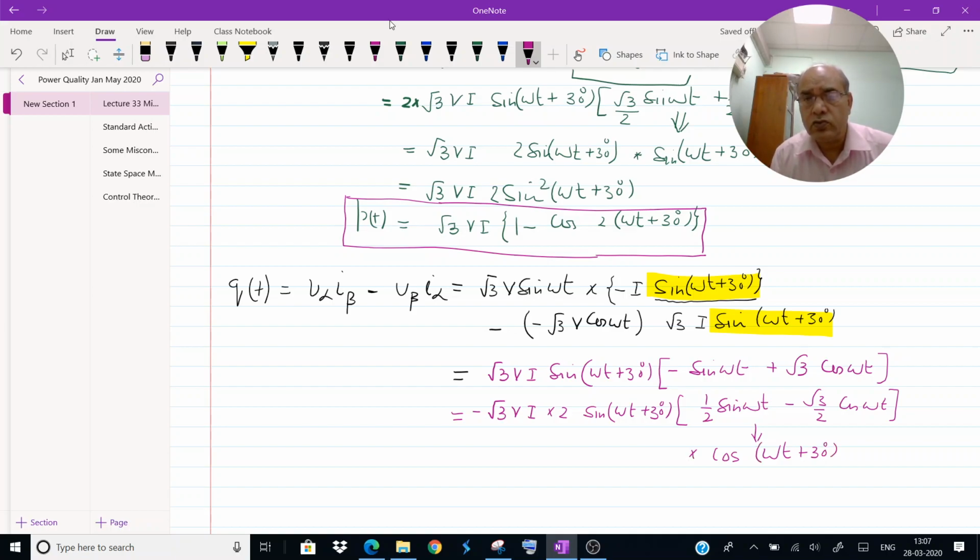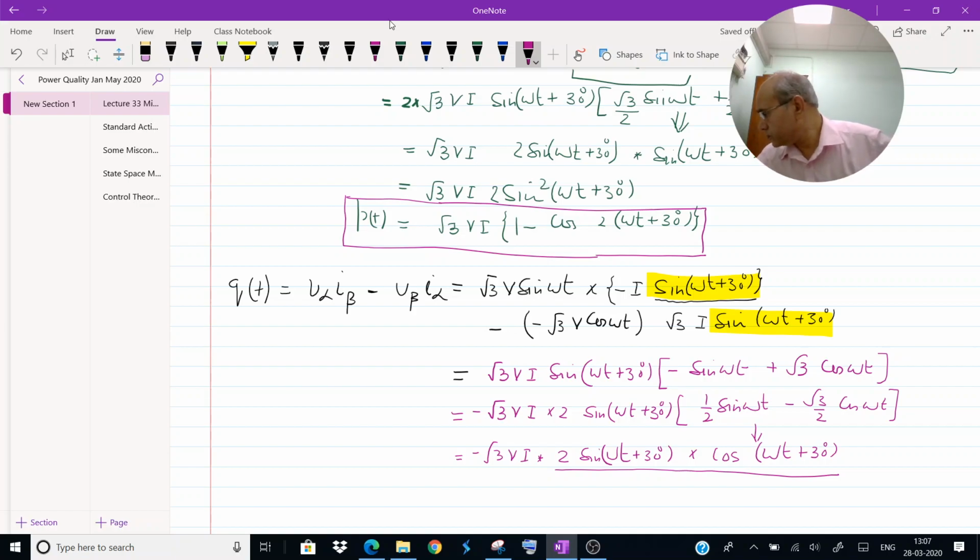So this is into 2 sine omega t plus 30 degree, this is 2 sine a cos a, so this becomes nothing but minus i.